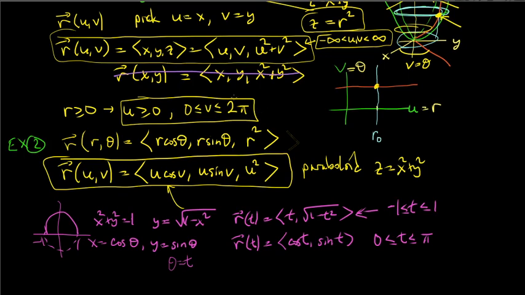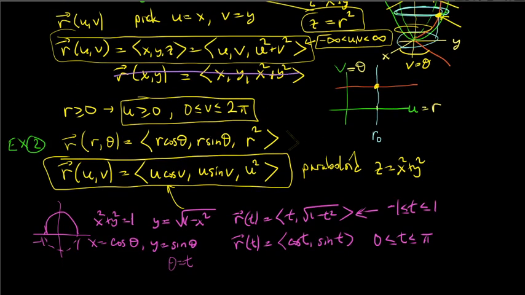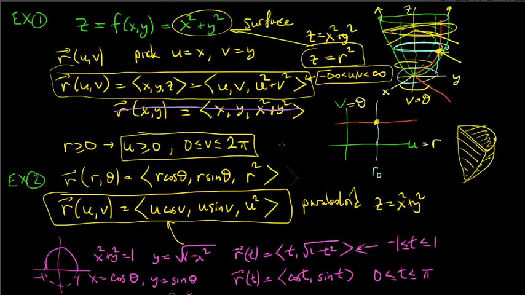That means you're cutting the paraboloid in half vertically, something like this, where it's cut off vertically here, and then this would be the other surface.